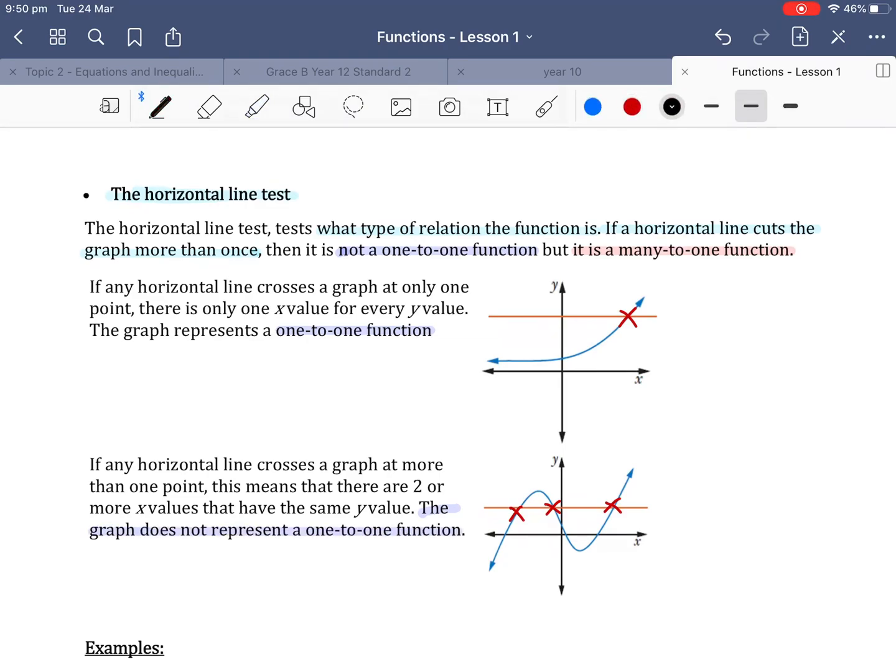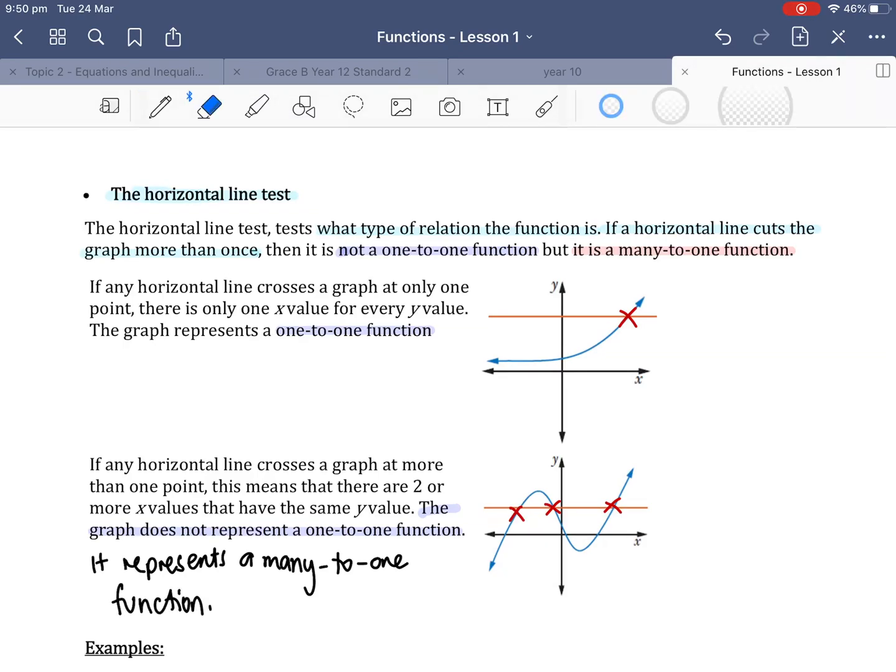But let's just add in here, it represents a many-to-one function, okay? So it's important that you write that down. So it represents a many-to-one function.